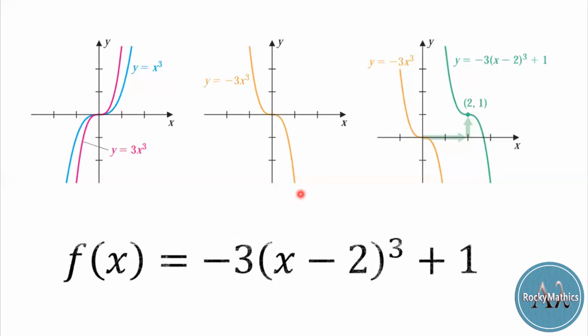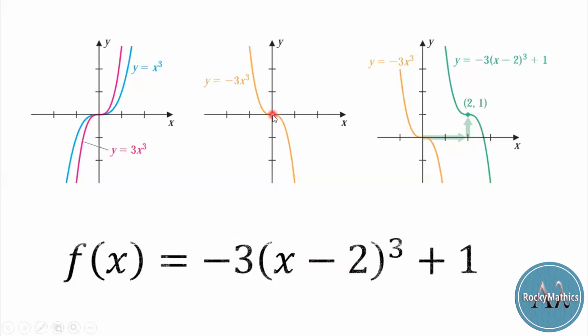Now, since the original function is not x cubed only, but x minus 2 cubed, right? All we have to do is apply the horizontal shifting. We shift this 2 units to the right because we have an inner function which is x minus 2, which means x is equal to 2.